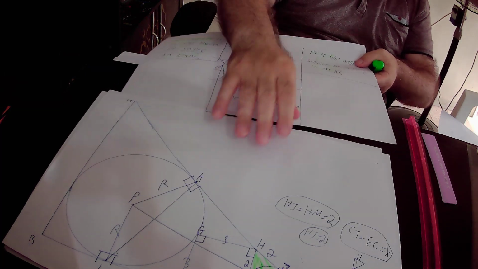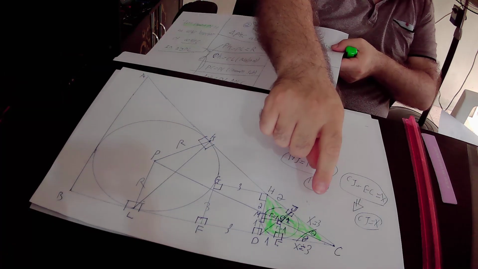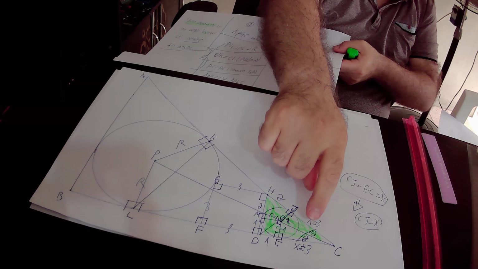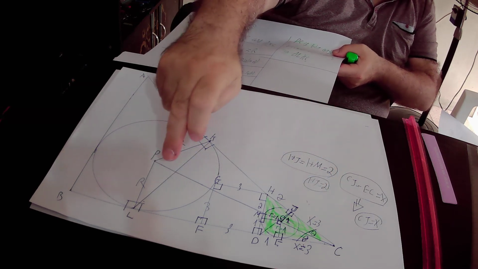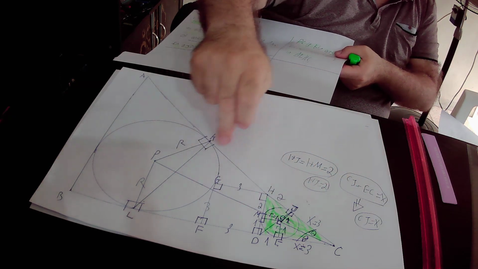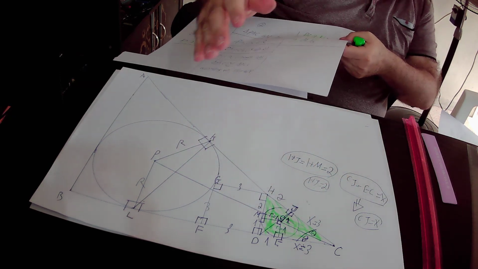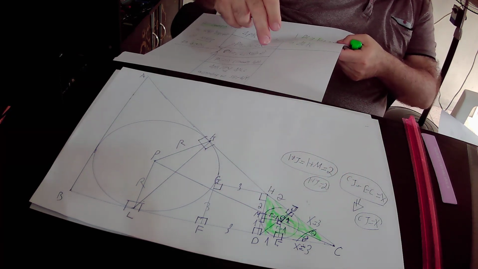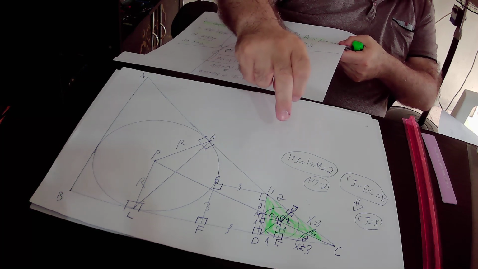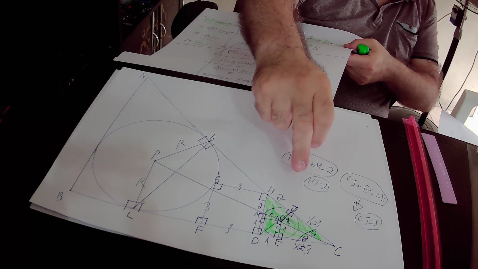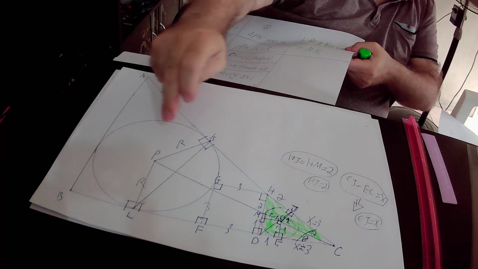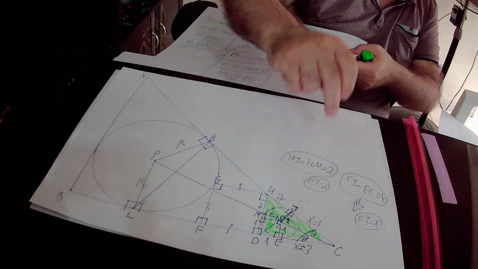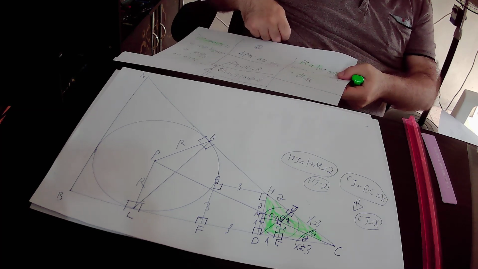You can see PC bisects angle C into two halves, each half equals theta, in the big triangle LKC. So angle C has two angle bisectors. The first angle bisector is OC and the second is PC.